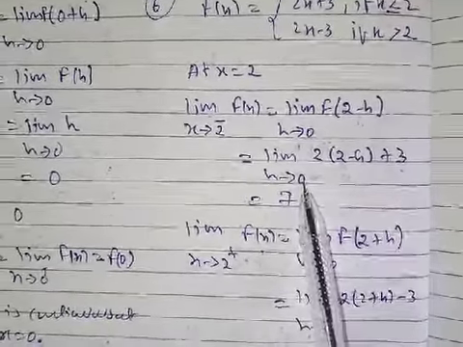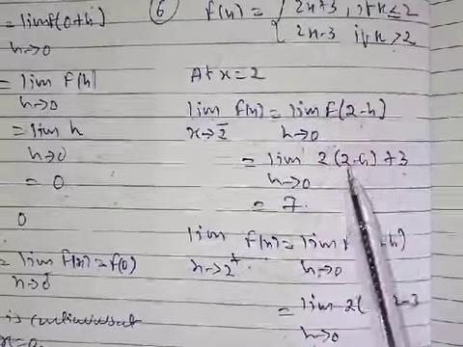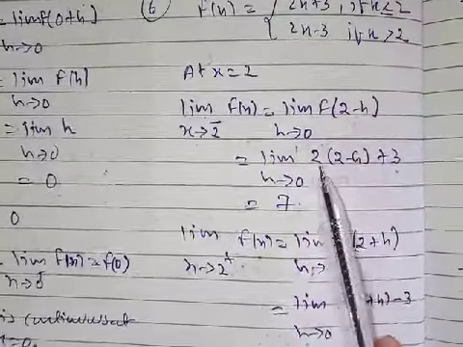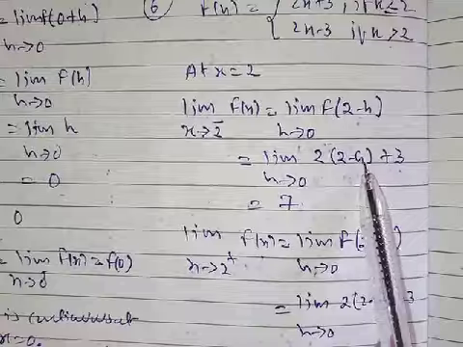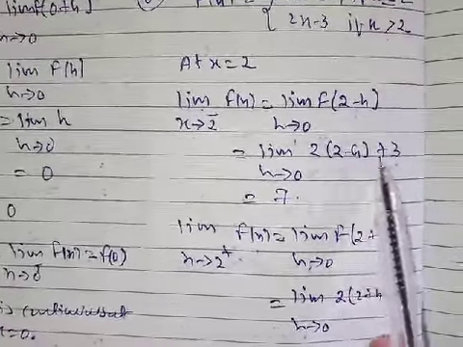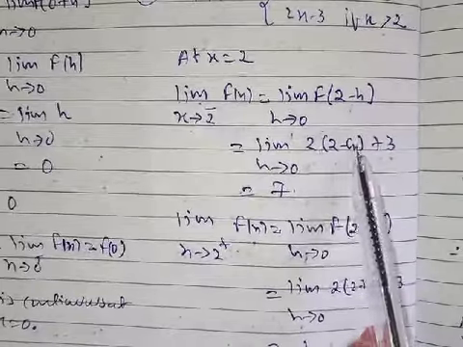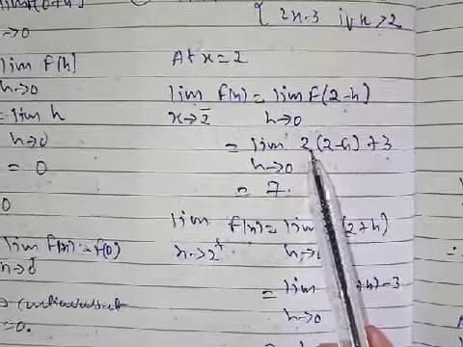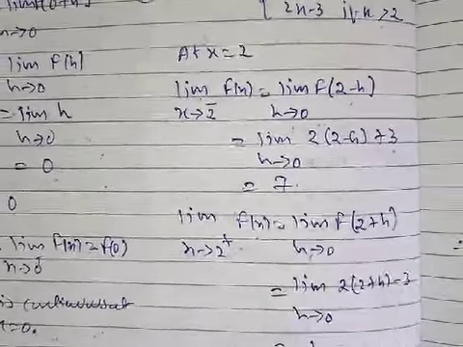What is the function for less than? It is 2x plus 3. So in place of x, we'll write 2 minus h, so 2 in the bracket 2 minus h. So it will become 7 when we substitute 0 here. So 2 twos are 4, 4 plus 3 is 7, is it?